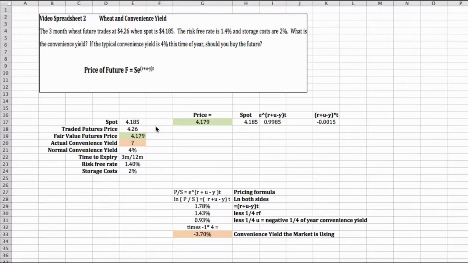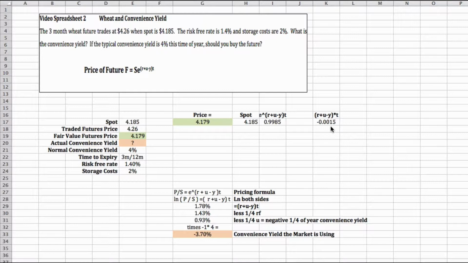So we have our spot, where the future's trading, and we can go off and calculate the fair value pricing of the future. Well, the fair value pricing, let's say that the typical convenience yield is what you'd like to plug in for Y as a fair value convenience yield.